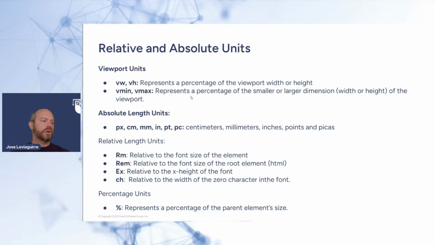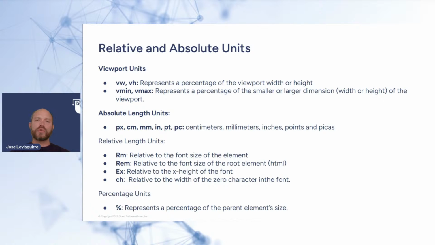We have these relative viewport units, the vertical width, vertical height, or min and max. Also, we have absolute length. If you want to have a specific length, maybe you're printing or exporting a PDF or something, then you use centimeters or millimeters, or in screen resolution, pixels or even picas.